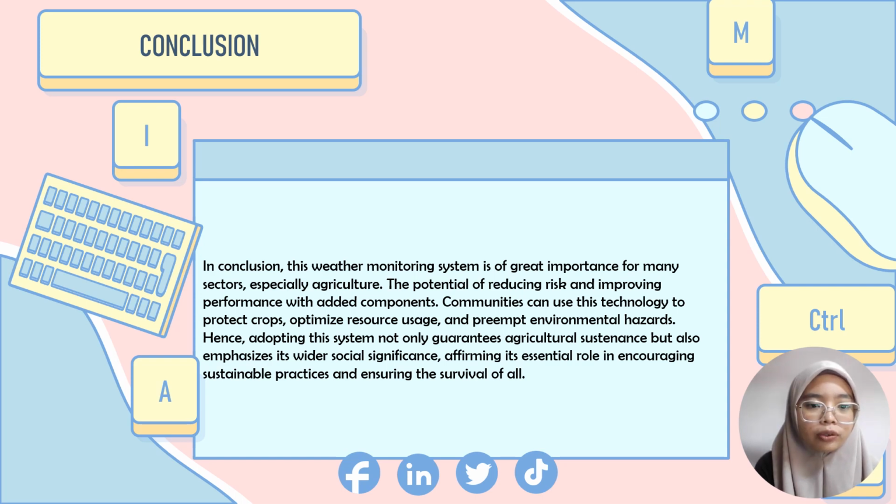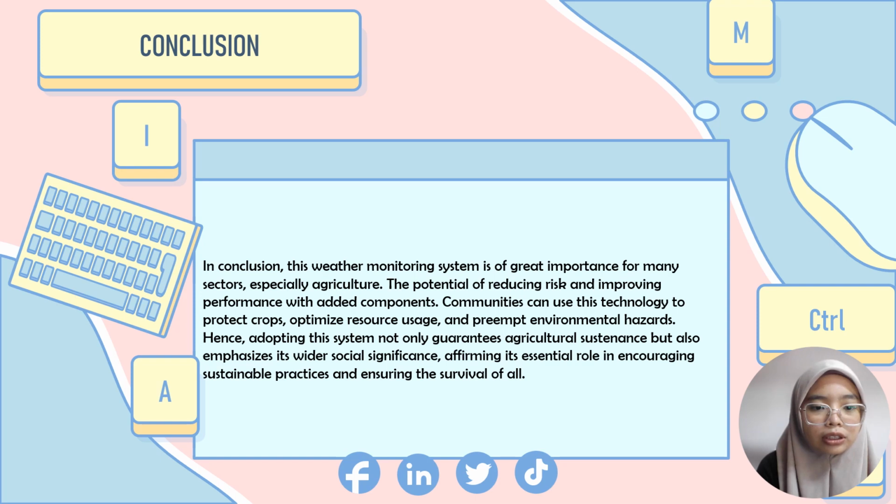Conclusion. In conclusion, this weather monitoring system is of great importance for many sectors, especially agriculture. It has the potential of reducing risk and improving performance. Communities can use this technology to protect crops, optimize resource use, and preempt environmental hazards.